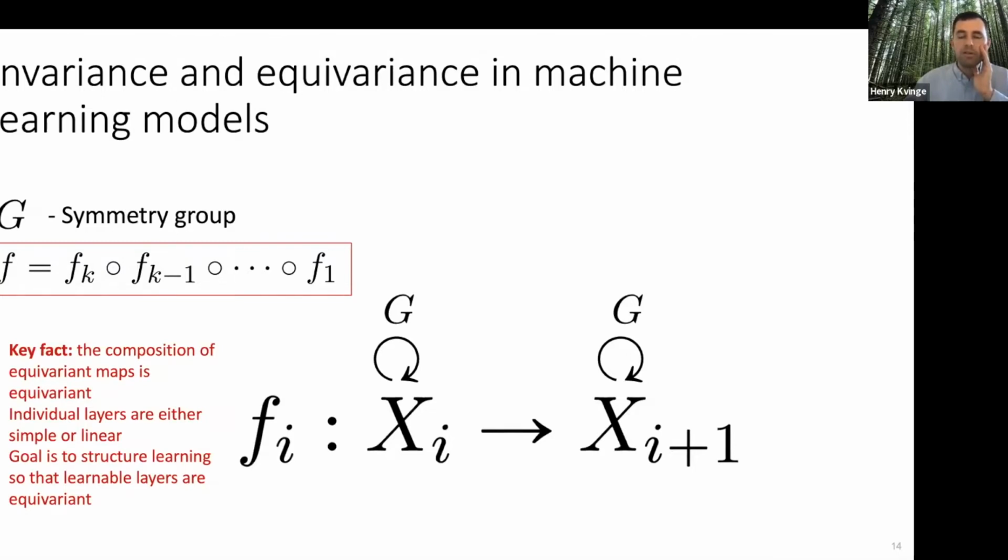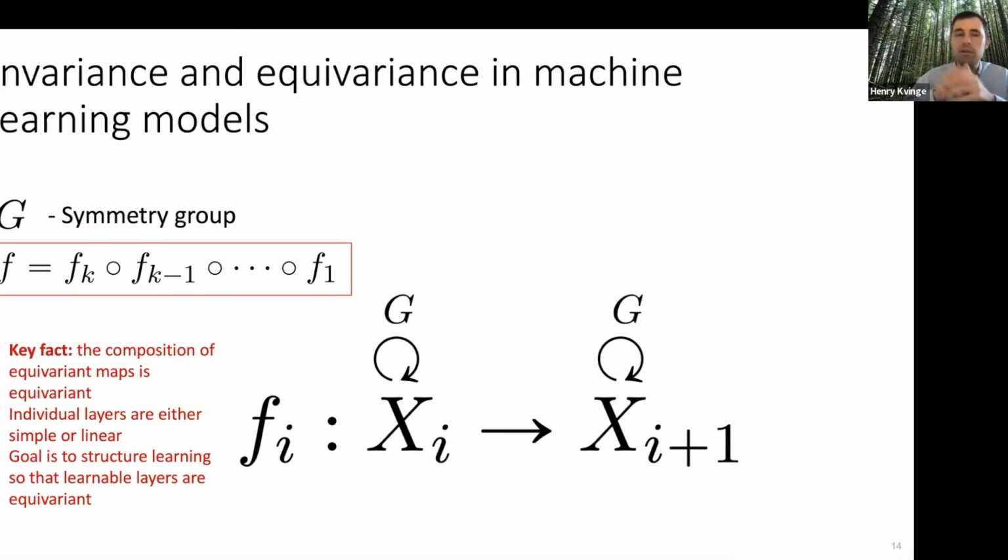And then what you can start doing is say, maybe I can't get a handle on invariance or equivariance for the whole thing, but I can look at each individual part and ask what I can do there. So if Fi in this case is a linear map, then of course we can say a whole lot more about what it means to be equivariant and so forth.